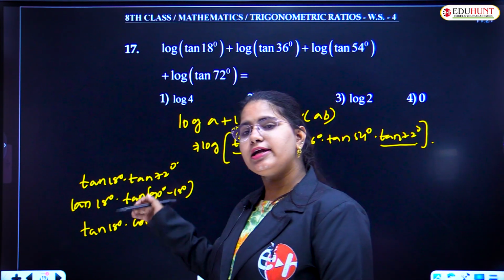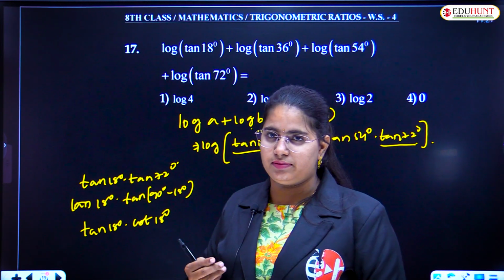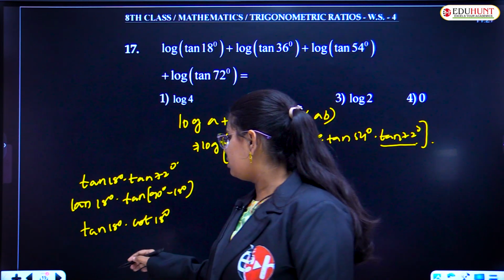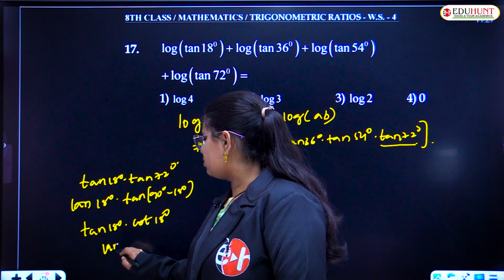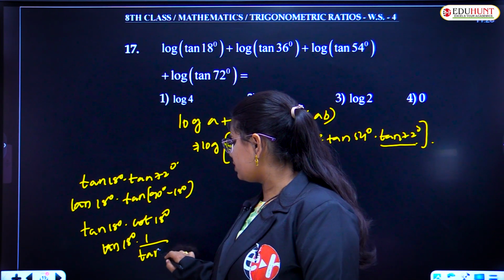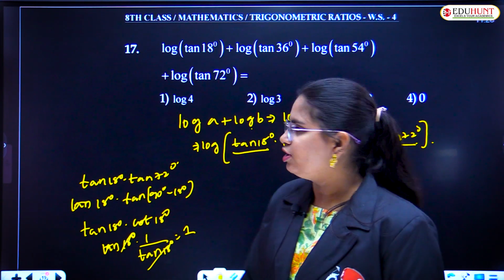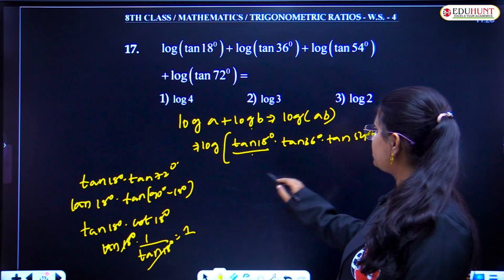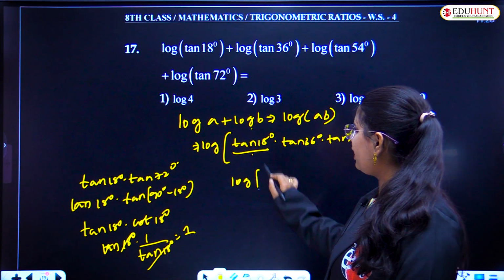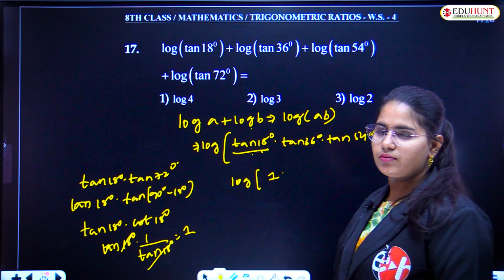How will you define cot 18? It's the reciprocal function of tan. So tan 18 degree cancels with it, and the answer is 1. So this particular thing is also equal to tan 18 and tan 72, that is how I considered it.